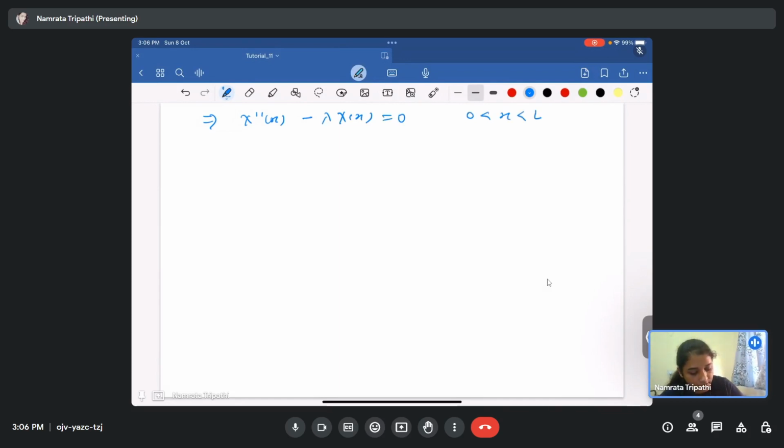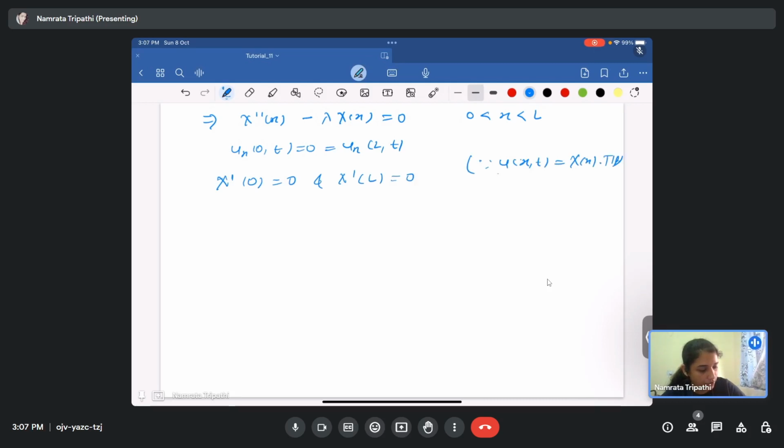By using the boundary condition, what is the boundary condition? u_x(0,t) is 0 and u_x(L,t) is 0. Okay, by using this boundary condition, we will get X dash 0 and X dash L, because u(x,t) is X times T. When you put it after differentiating with respect to x, you will get this.